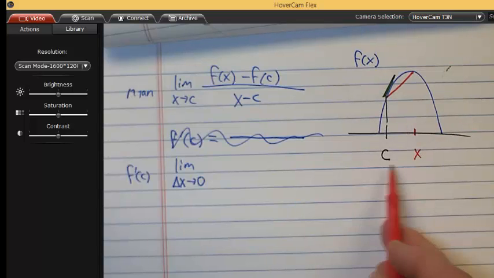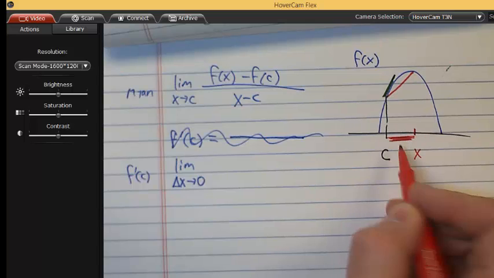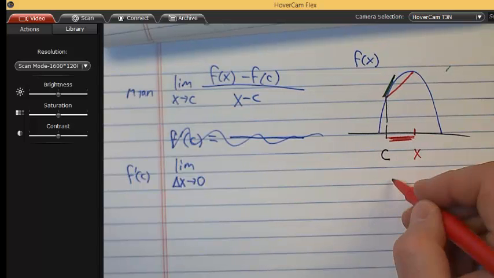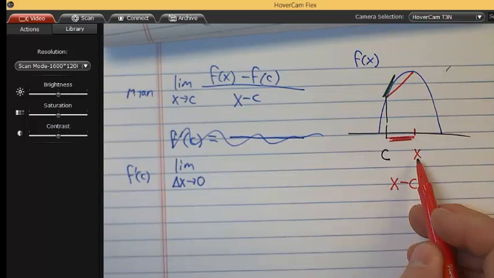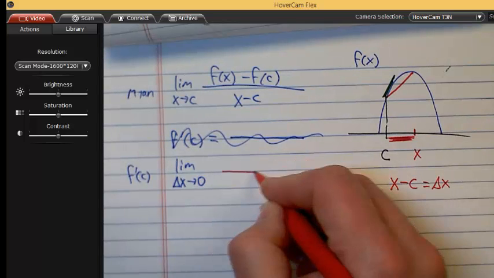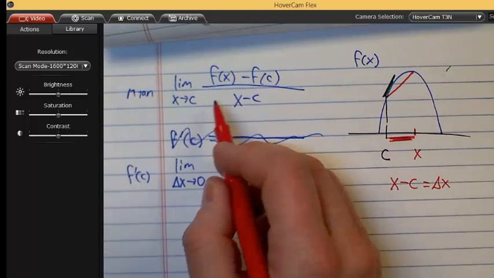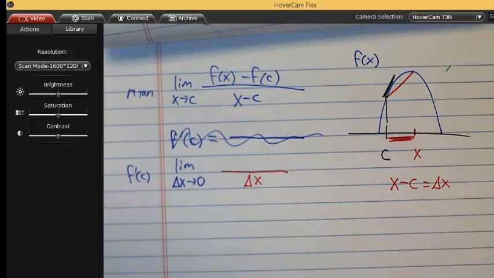So if I ask you, what's this distance here? Well, isn't that x minus c? I mean, in our example, it was 2 minus 1. But another way to write that is just delta x. When you do slopes, a lot of times we write change in y over change in x. We could just call that delta x. Does that make sense?